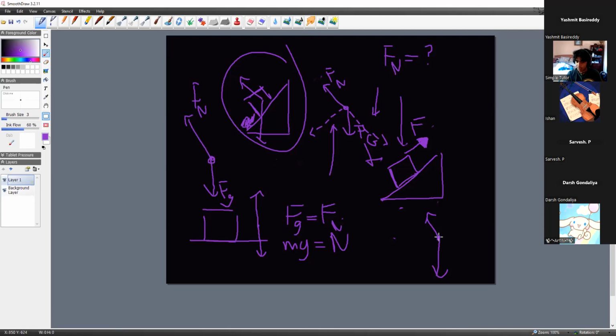But now we also have this other force, FF, that acts parallel to the plane, perpendicular to the normal force. It creates a 90-degree angle with this normal force. When we draw our components, we'll get into being able to cancel out certain things and figuring out when forces equal 0. But the idea is that we're going to change up the directions of our forces based on the direction of motion.